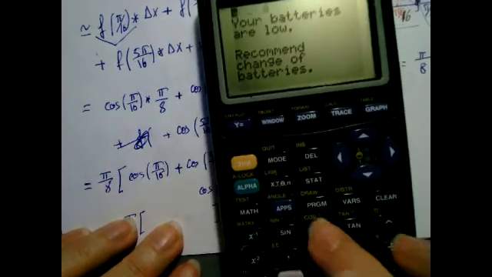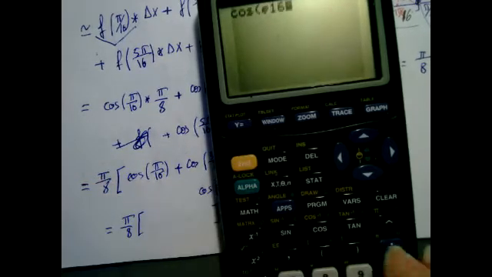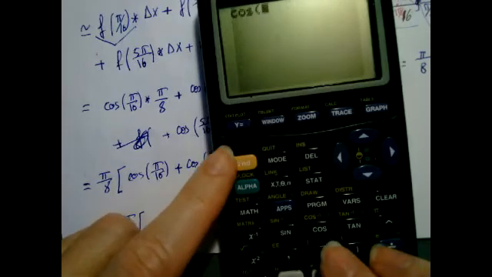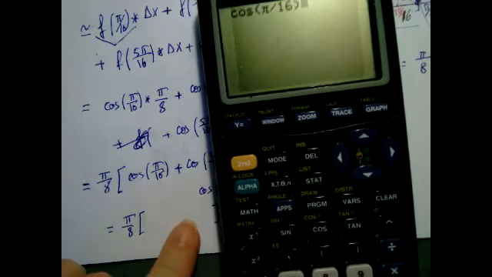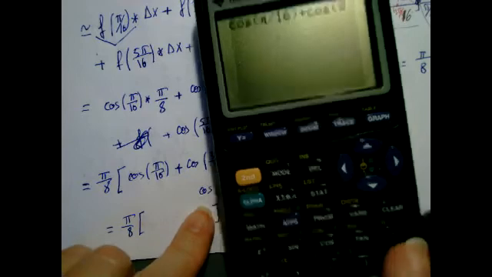And so it's cosine pi over 16. Now I'm going to start making mistakes. So this is going to give me pi over 16 plus, anybody have the answer to that?